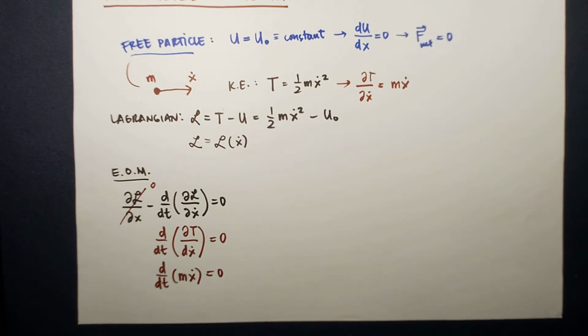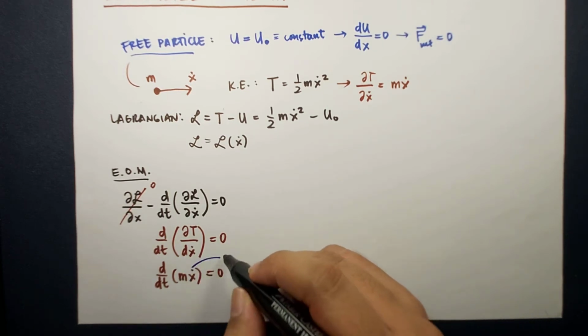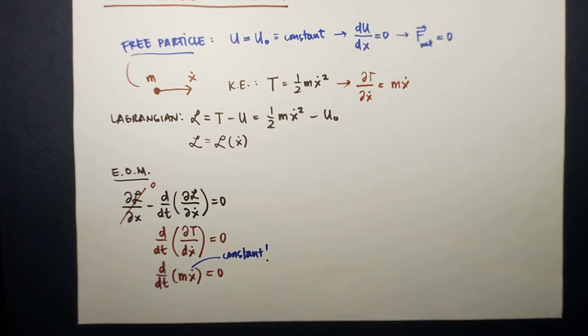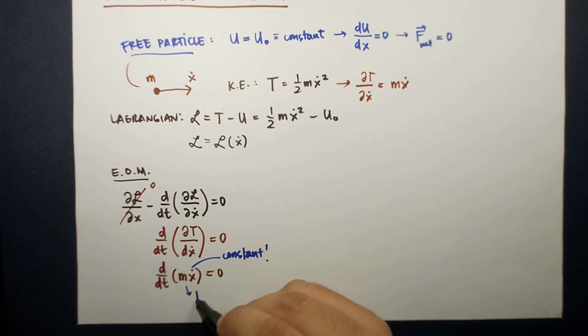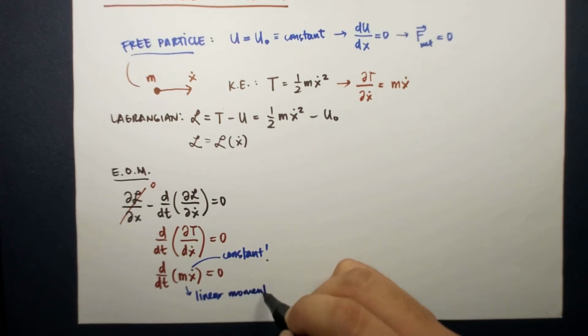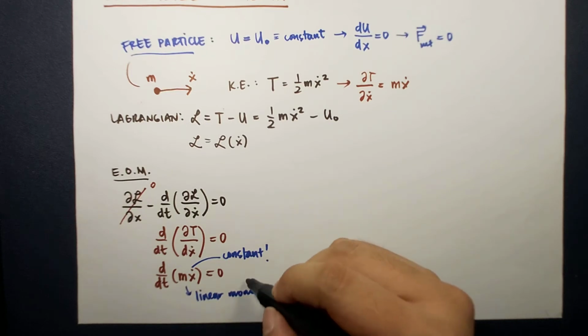And what does it mean? It means that this quantity is a constant. And you will also notice that this quantity is actually your Newtonian linear momentum, which is a constant.